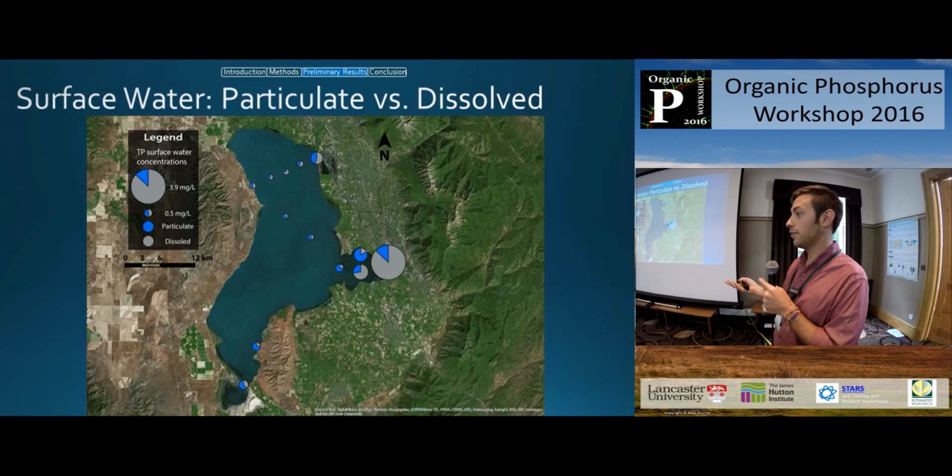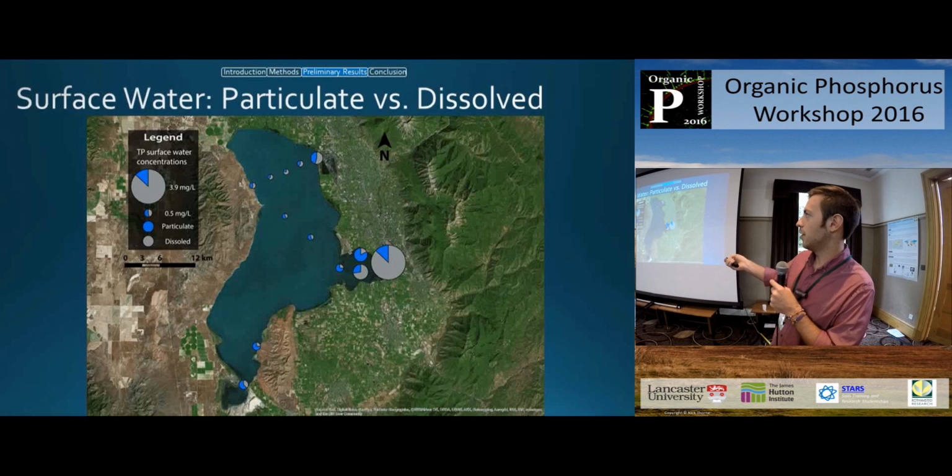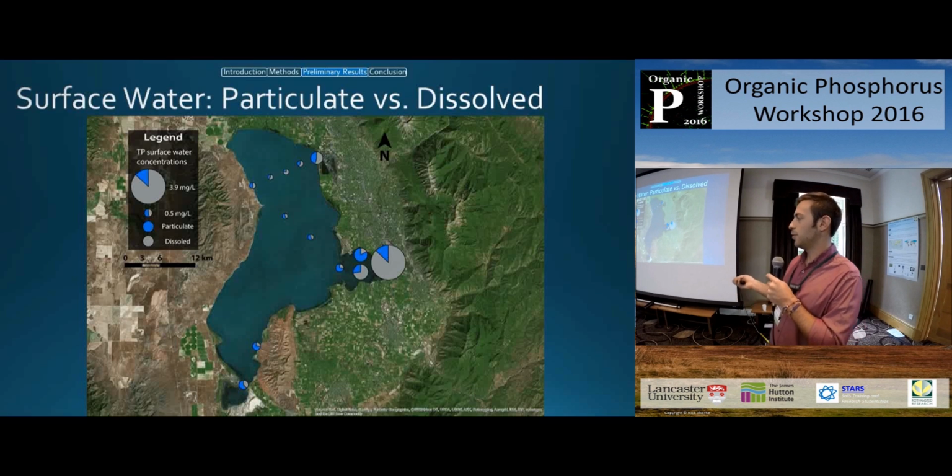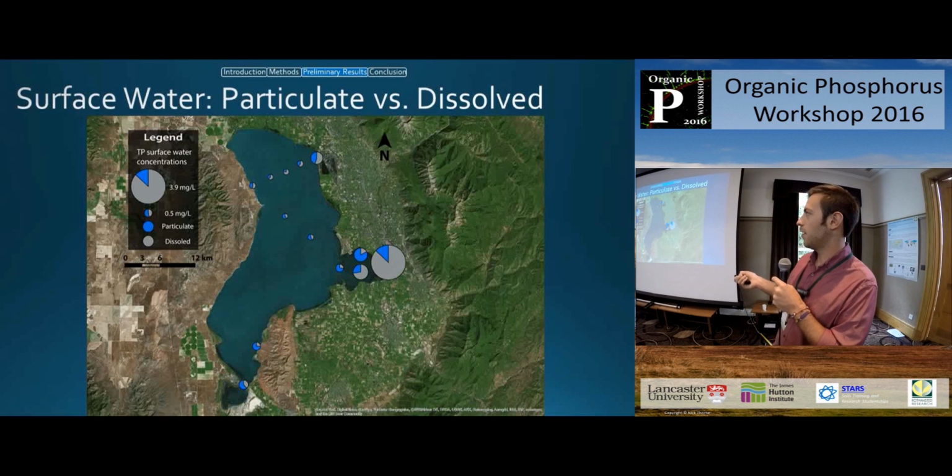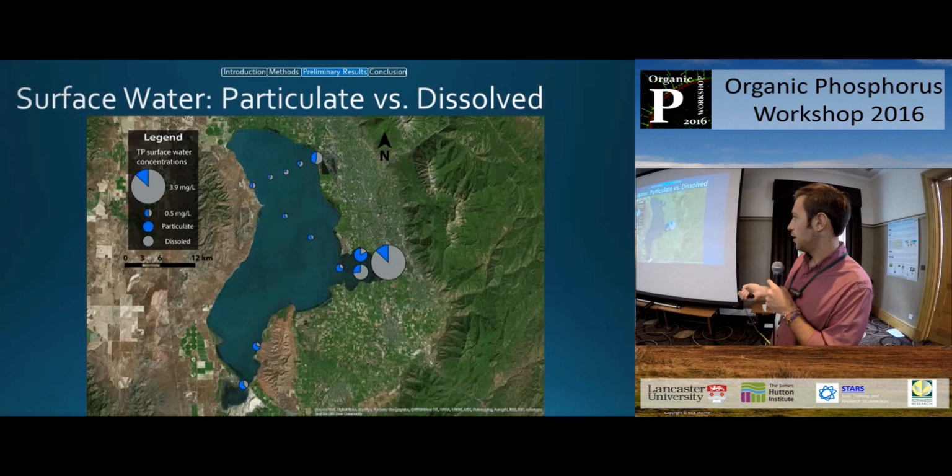You can see that in the area where all the treatment plants discharge, and there's another treatment plant discharging here, we get much higher concentrations of phosphorus in the surface water, about 4 milligrams per liter, whereas the rest of the lake is about 5 milligrams per liter. It varies how much is particulate and dissolved.